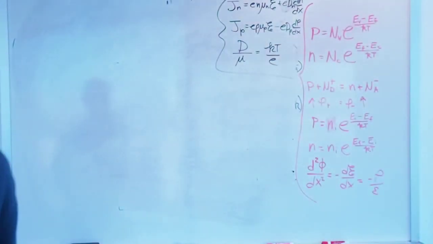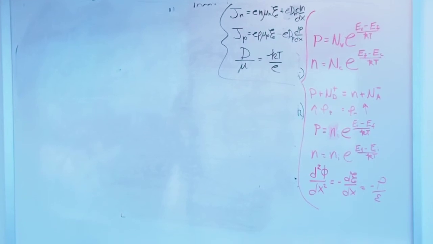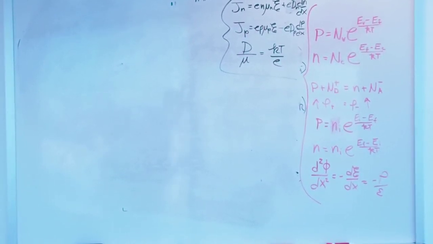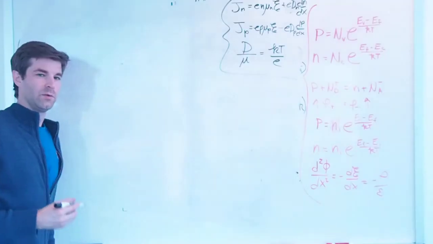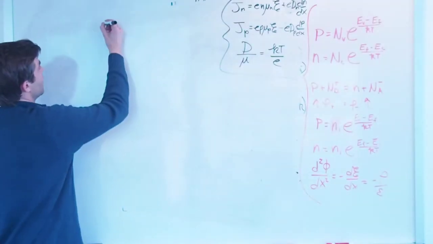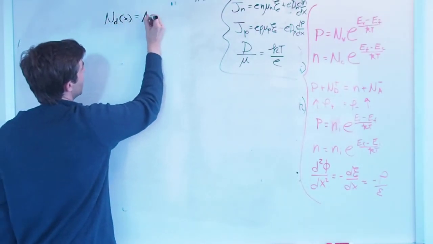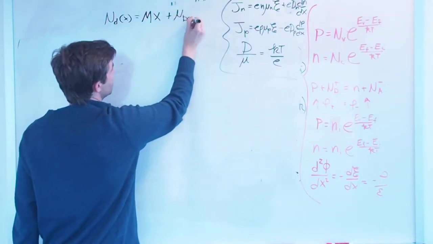Make sure you can see that through there. Okay, good. Just about. So let's go back to that same problem, right? We have doping, which is ND of x is equal to mx plus ND naught, right?